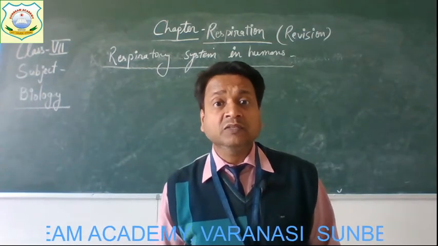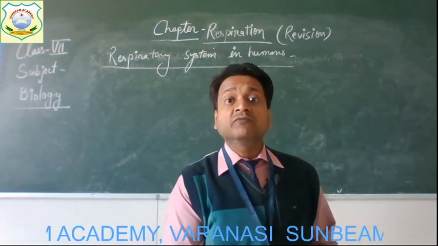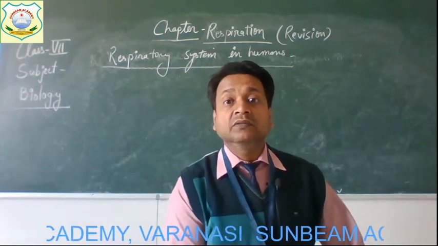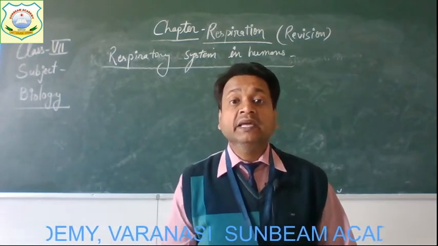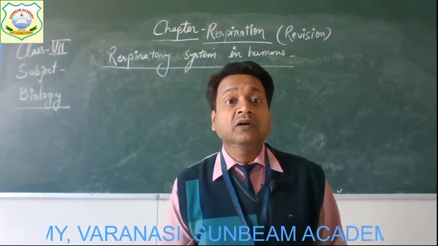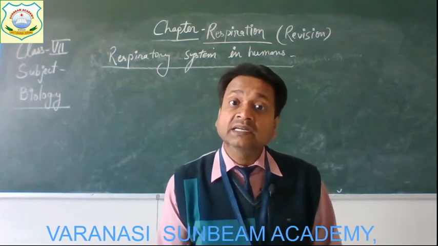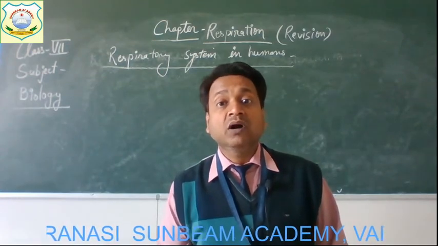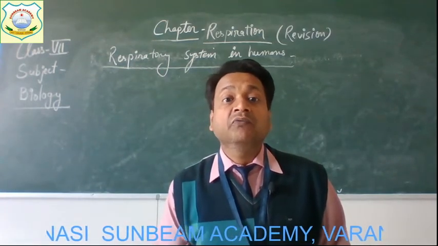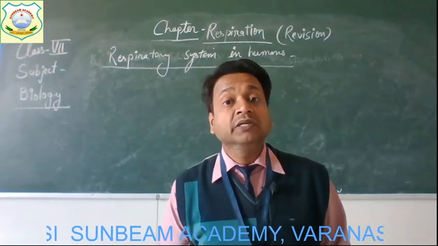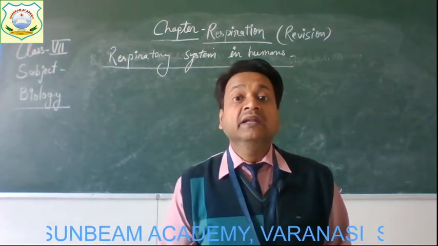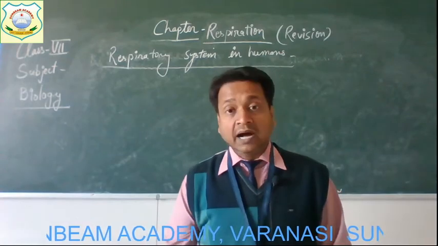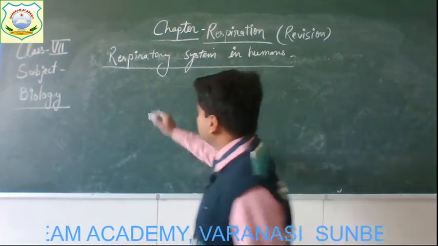The human respiratory system consists of some organs which are responsible for taking in oxygen for respiration and releasing carbon dioxide and water vapors, which are waste products formed during respiration. And these organs are, first, nostrils.